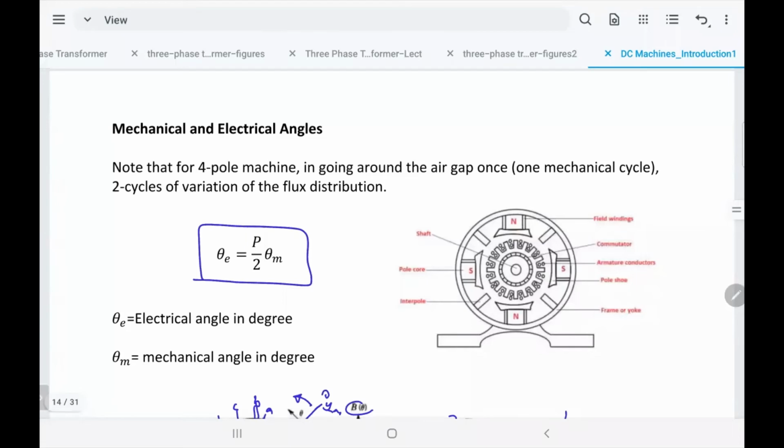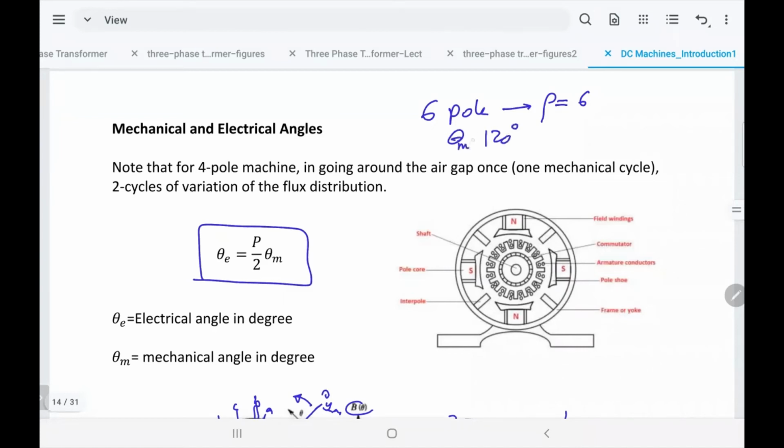So to make sure that you understand, if you have 6 poles, what does it mean? P is equal to 6. So in one rotation, how many cycles will be done? Okay. Now the second question, what if I say that the motor rotates by 120 degrees?